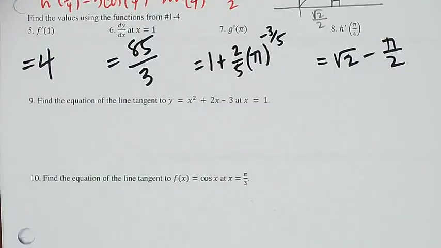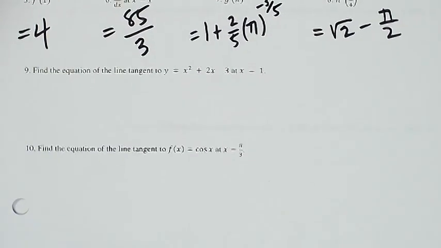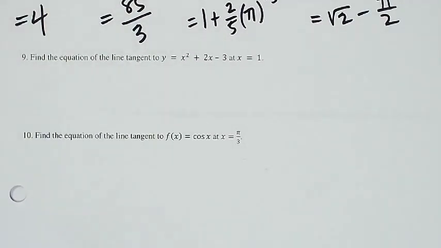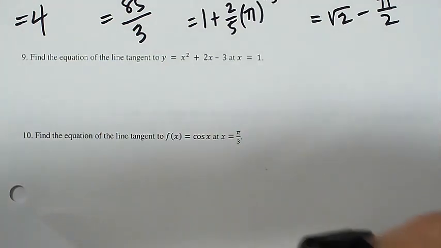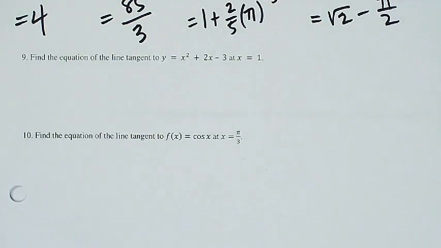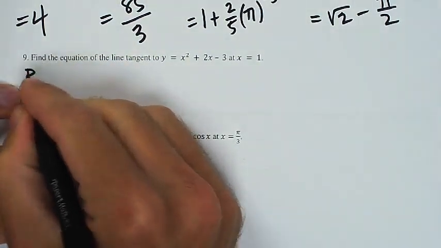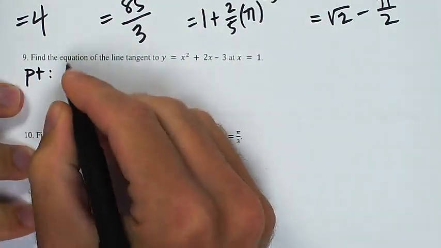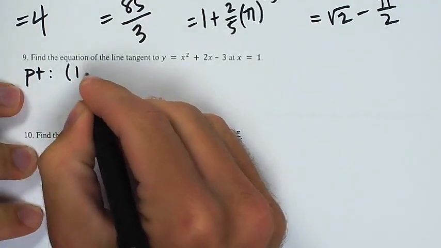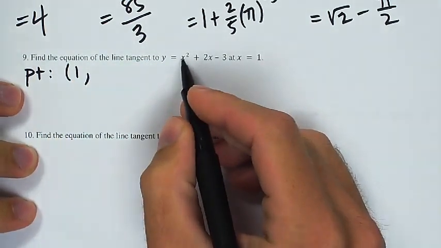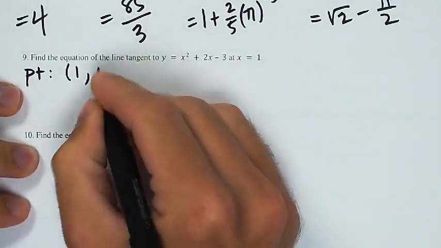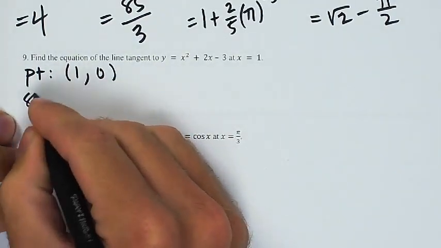Next, we're going to write an equation for the tangent line to this function at a given x value, and we're good at that. We just need a point and a slope, and then we're going to write our equation. Okay, so first I will need a point. x equals 1, and when I plug in 1, I'll get 1 plus 2 is 3 minus 3 is 0. Okay.